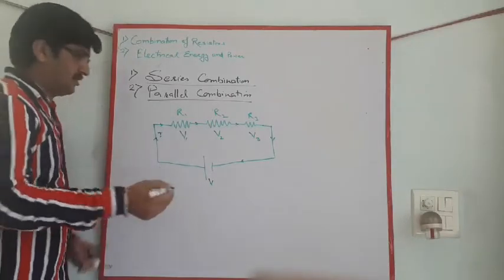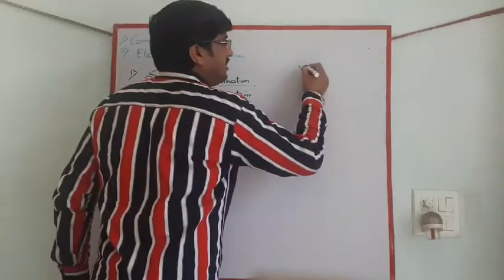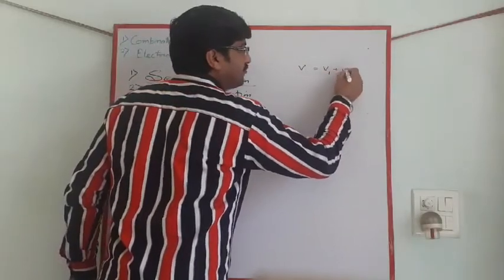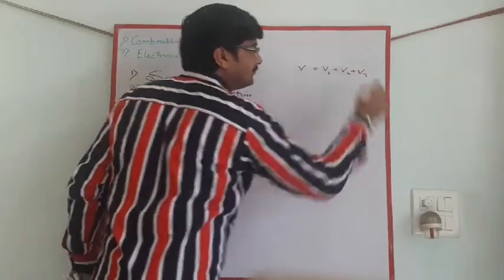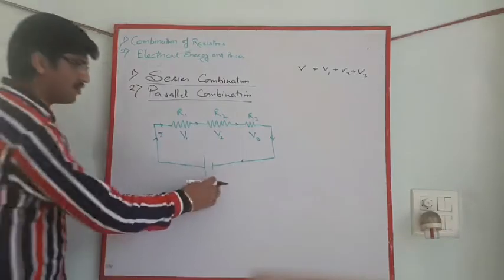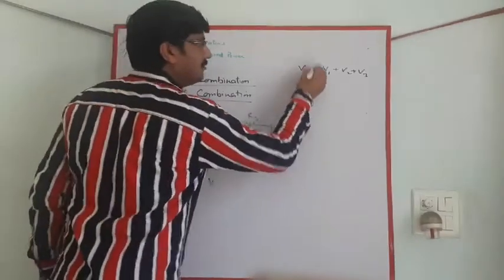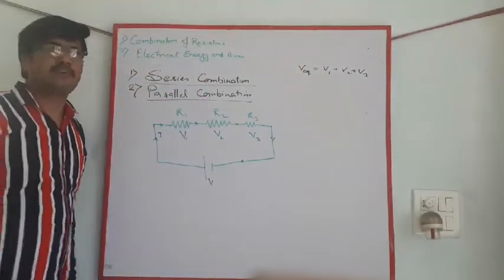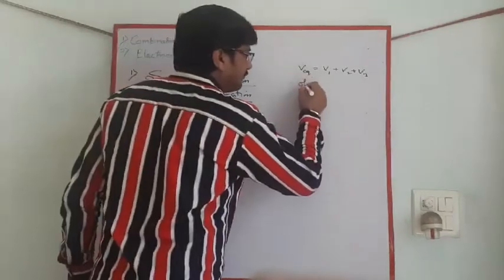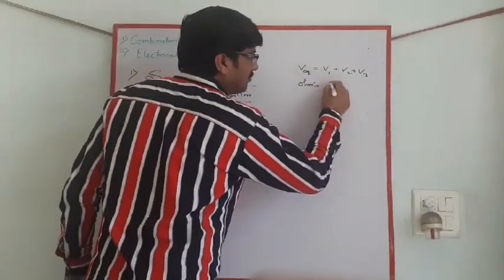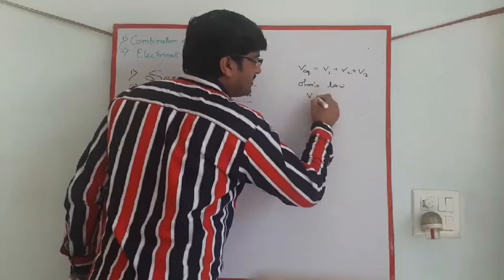Here, V is equal to V1 plus V2 plus V3, where V is the total potential applied. Using Ohm's law, V is equal to IR.